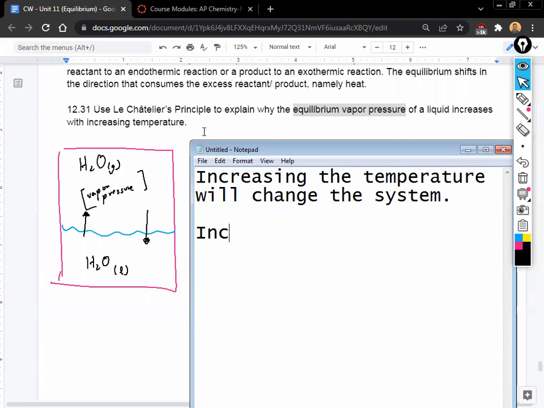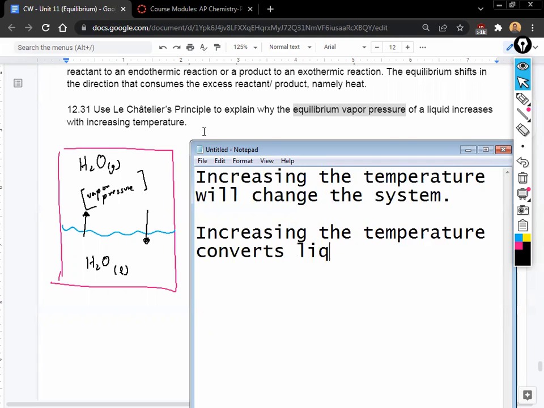Now, what does increasing the temperature do to the liquid and the gas? Typically, if you increase the temperature, what do you get more of? Yeah, usually it's going to cause a shift towards the gas. So increasing temperature converts liquid to gas.